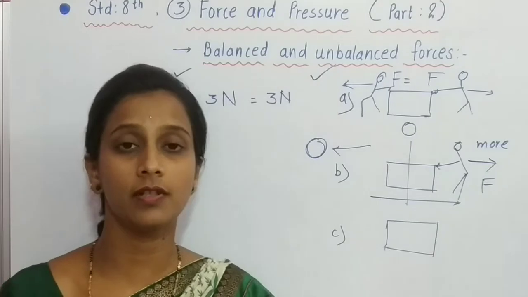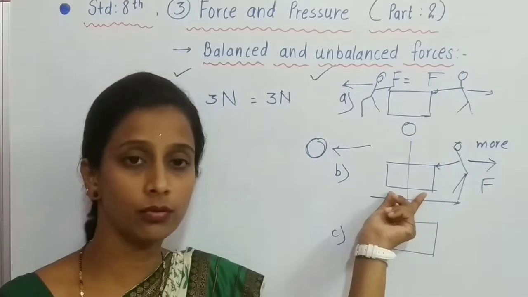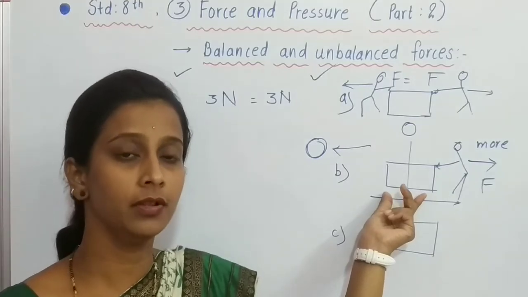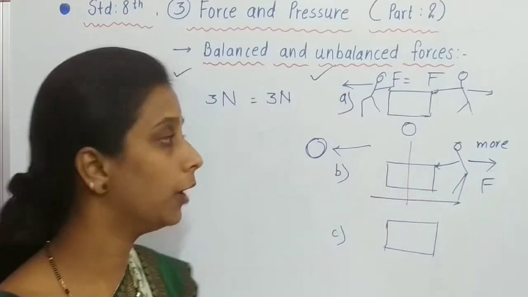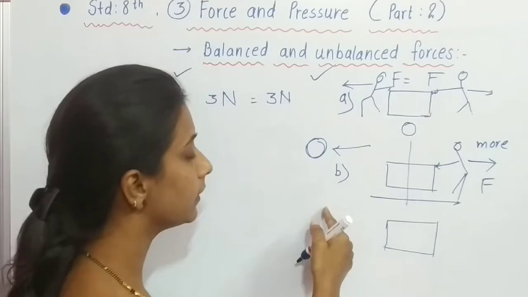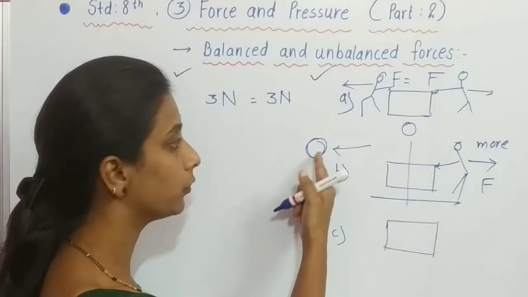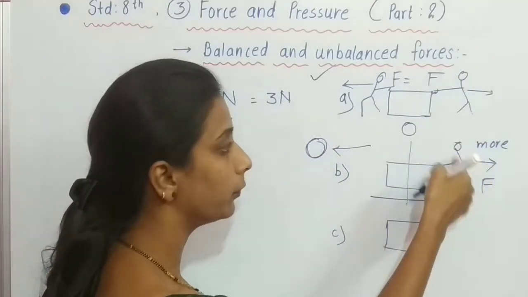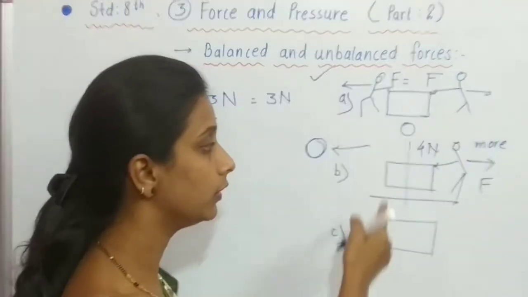Unbalanced force is defined as a force acting on an object with unequal magnitude in opposite direction. Now students, again see here, the force acting from this side is 0. No force is acting. And suppose this person applies 4 Newton force on this object.